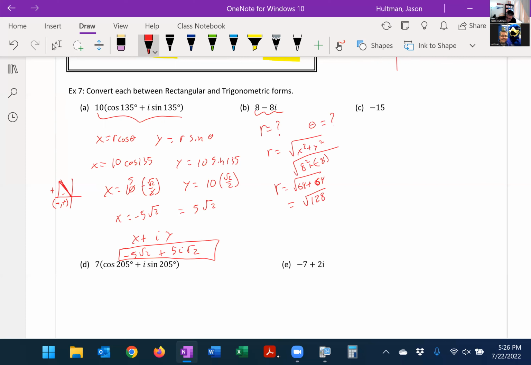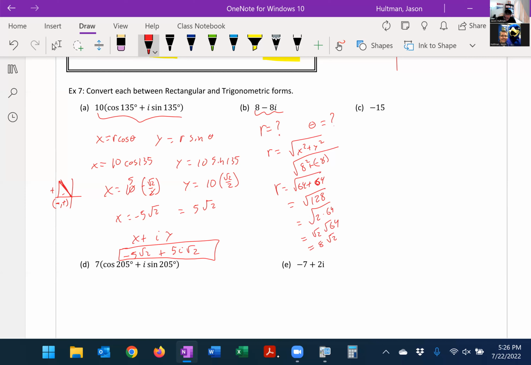But I could have broken this down into the square root of 2 times 64, which is radical 2 times radical 64, which is 8 radical 2. So r is 8 radical 2.